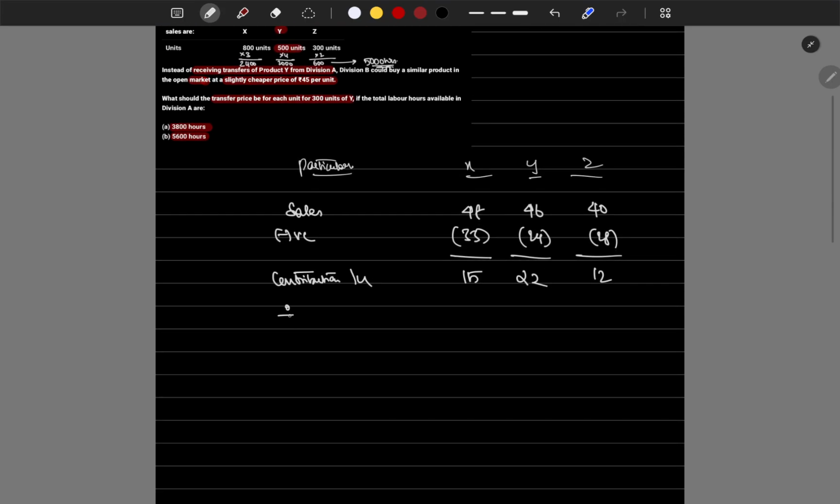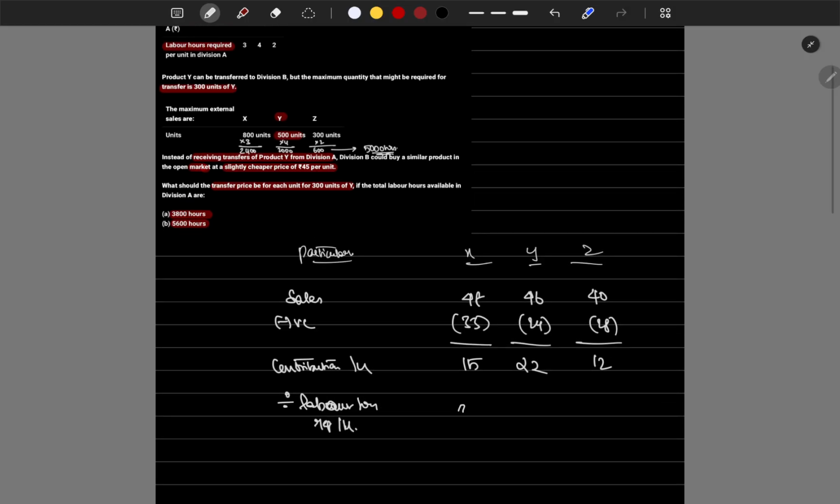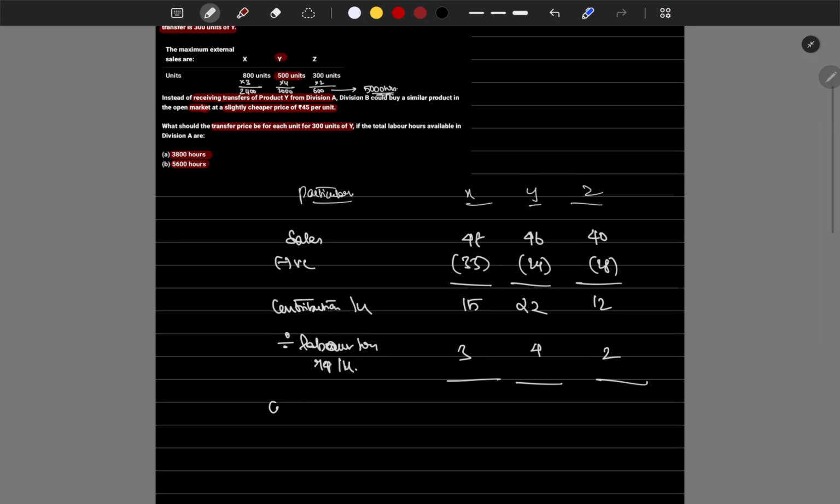So we divide by the labor hours required for each unit, which is 3 for X, 4 for Y, 2 for Z. What's the contribution per labor hour?